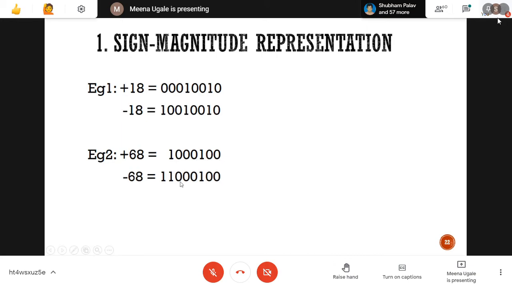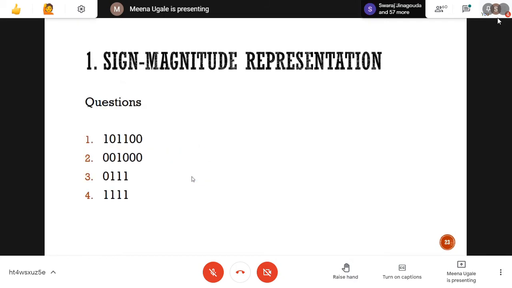Whereas when I am going for minus 18, this additional 1 is added here to indicate it is a negative number. Otherwise, the magnitude will be the same. So to indicate any number as positive or negative, your most significant bit plays a very important role here. This is sign magnitude representation.